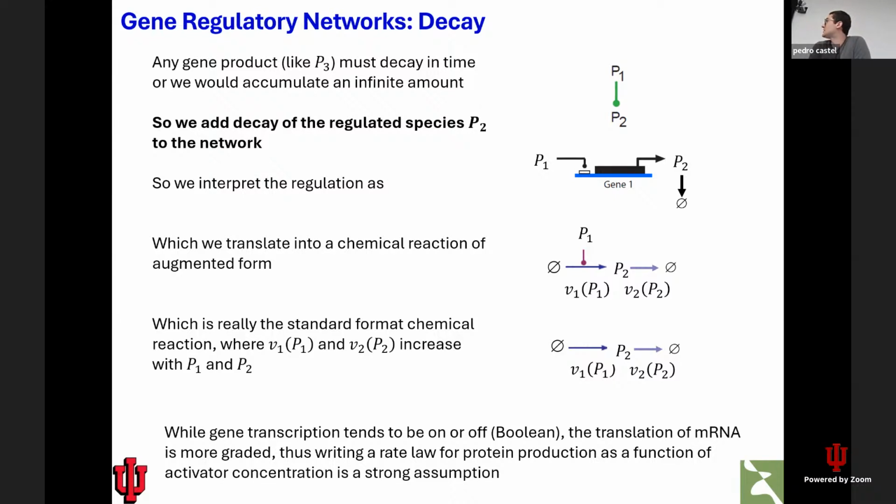But in the gene case, it's either on or off in most cases. So the Boolean approach is more suitable to the gene, while the more continuous approach is more suitable for the translation part.